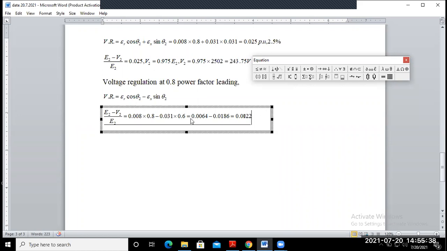So minus in per unit. Per unit right here minus 1.2 percent.